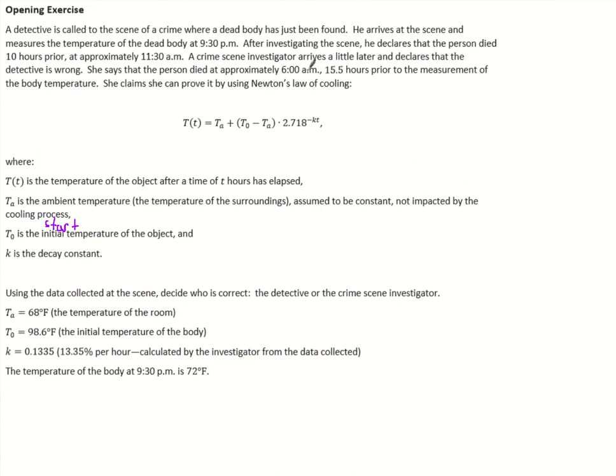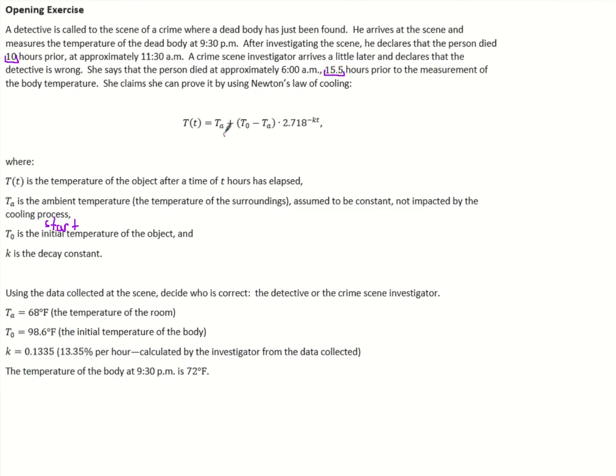We have our detective who says 10 hours, and our crime scene investigator who says 15 and a half hours. So I'm going to take this equation and plug in 10 to it, and plug in 15.5 to it, and see which of them gives me a closer temperature to 72.